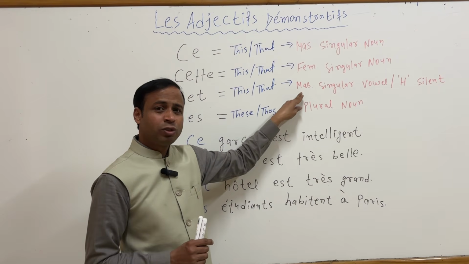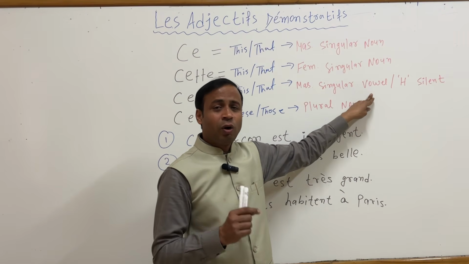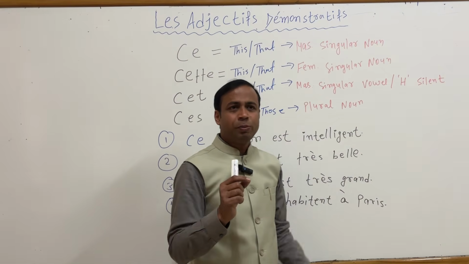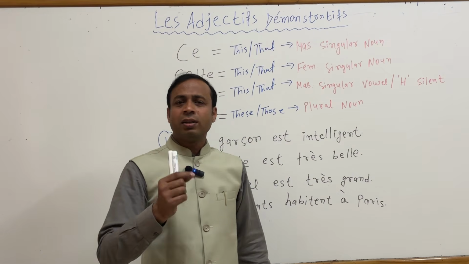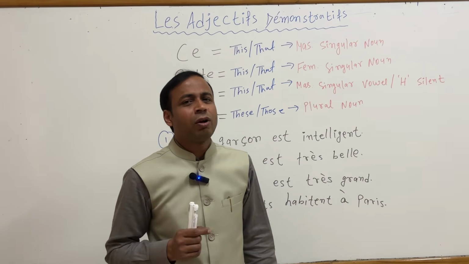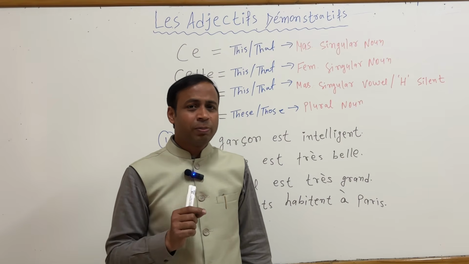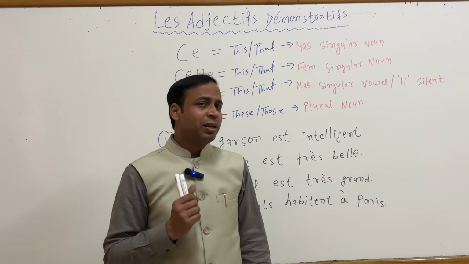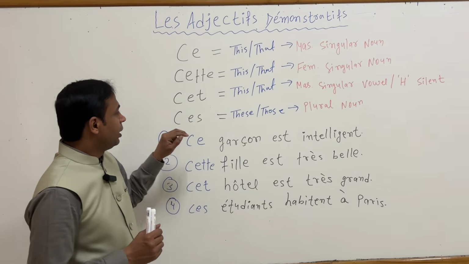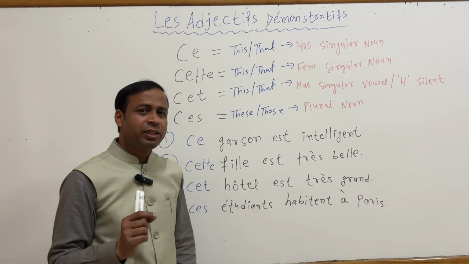It is used before a masculine singular noun starting with a vowel, or a noun that starts with a silent H. There are some words in French which start with H, and the H is not pronounced, so there H is silent. Before that noun you have to use cet.